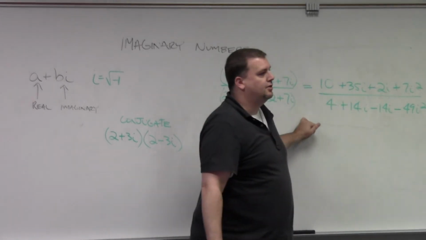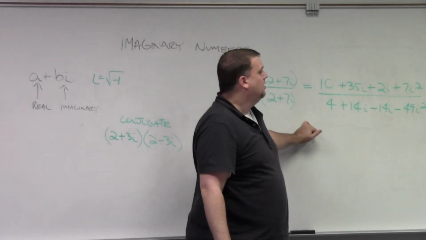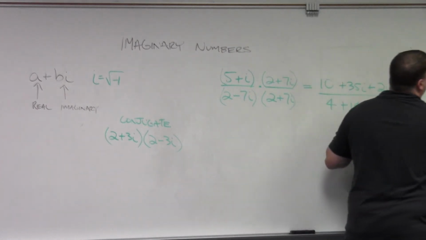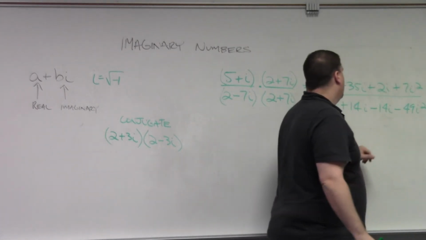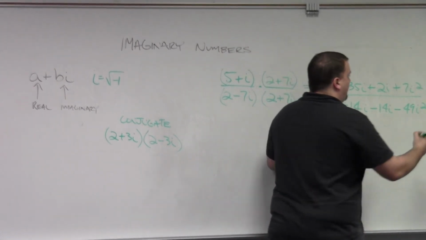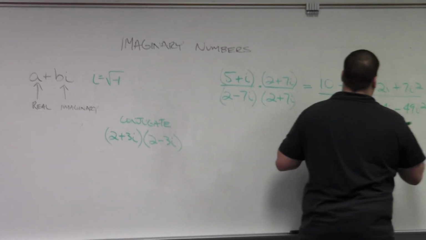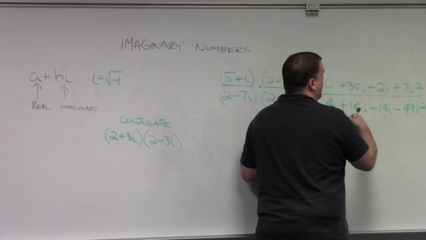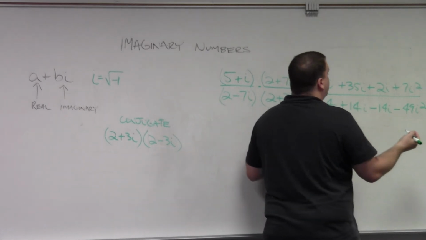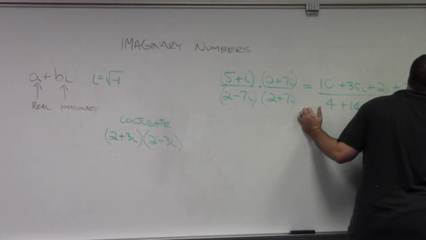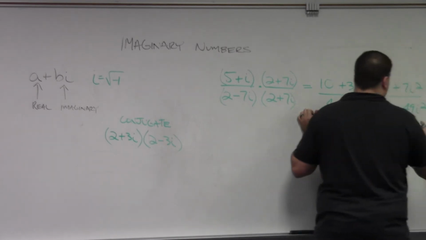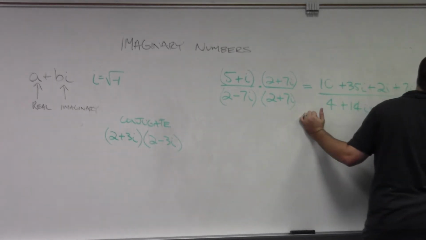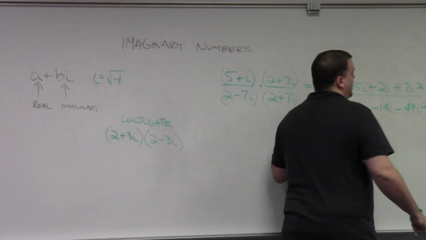Notice that i squared shows up a lot in our operations, so make sure that you're replacing that with negative 1 whenever you see it. On the bottom, I've got 4. What happens to the middle i pieces here? They cancel out, right? That's a good thing. You want to get rid of i's on the bottom. And then I've got negative 49 times i squared, which I'm going to replace with negative 1.